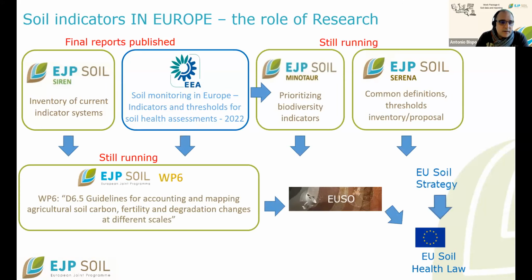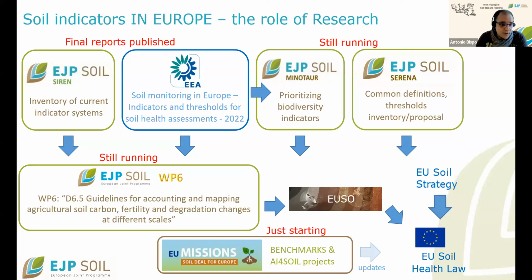Everything is now feeding the European Soil Strategy, the European Soil Law, and the European Soil Observatory. And remember that two other projects from the EU mission are just starting, Benchmark and All for Soil, which will also update our vision on indicators and thresholds or target values.